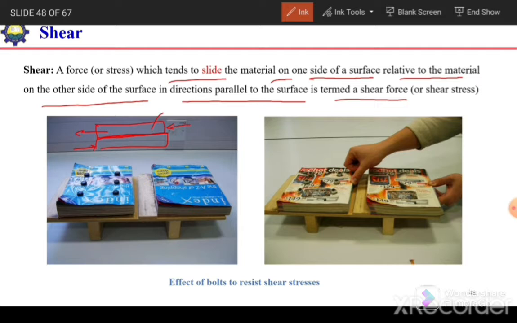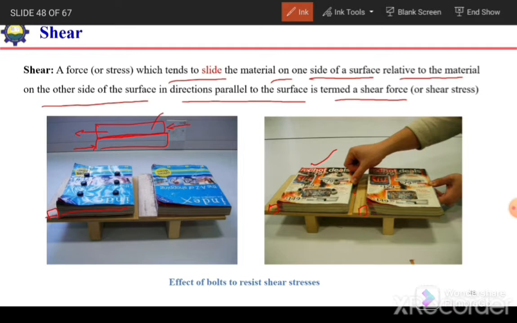So here we have our demonstration. If we take two books, and in one book we punch holes and insert bolts to restrict the movement between the pages, and in the second case we do not provide any bolt and the pages are free to slide over each other, and we support these books at the ends like this, and apply force at this corner.